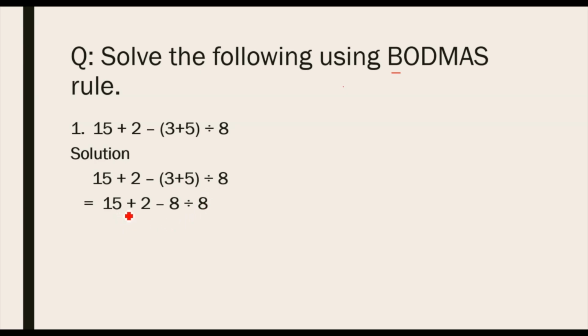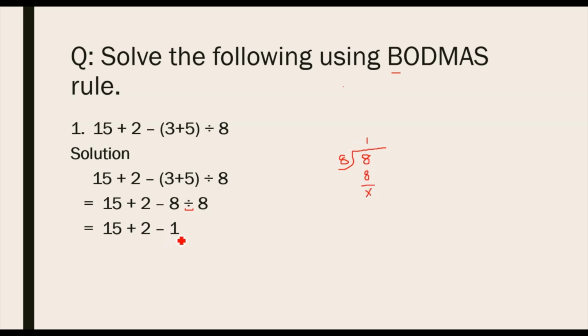Now we have addition, subtraction and division in this sentence, and according to BODMAS we have to do division first. So first we divide 8 by 8. When we divide 8 by 8, 8 ones are 8. So the quotient is 1, and the quotient is our answer.